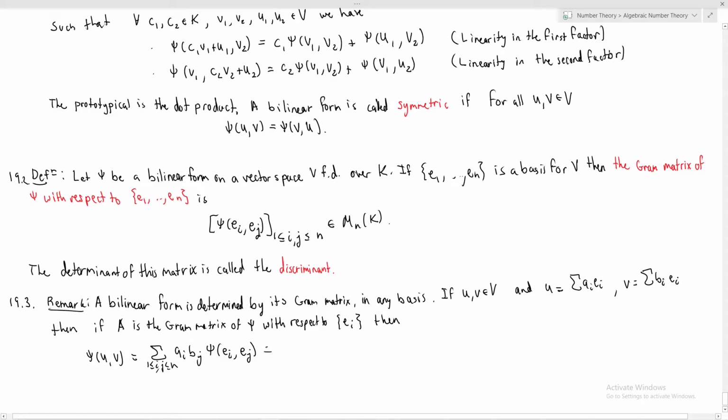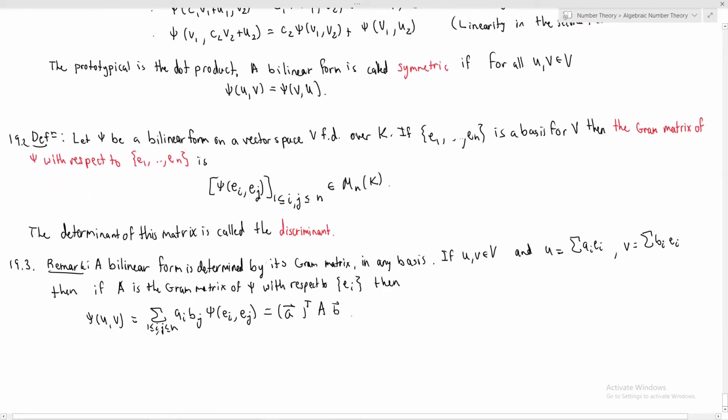And if you compute a little matrix multiplication, this is the same as the vector of A's, viewed as a row vector, so take the transpose if you like, times the Gram matrix times the vector of B's. So essentially knowing the Gram matrix makes it possible to compute this value. It's not possible that two different bilinear forms have the same Gram matrix. So that's what I mean when I say determined by its Gram matrix.